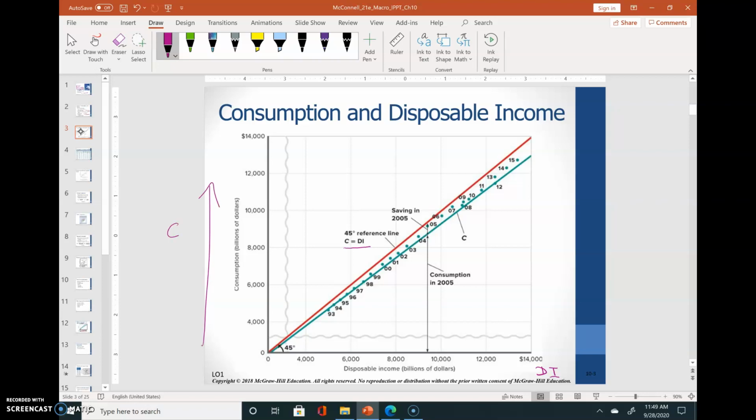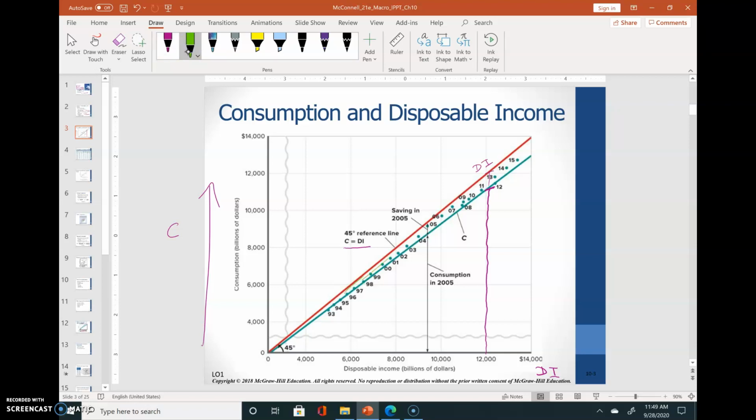Now the green line is for consumption. So here we can use any point on the horizontal axis, move all the way to this green line, that will be the amount consumed by the household, and all the way if we extend it to the red line, this will be the disposable income.